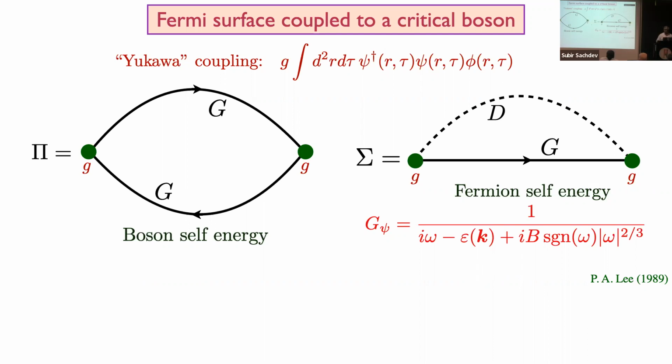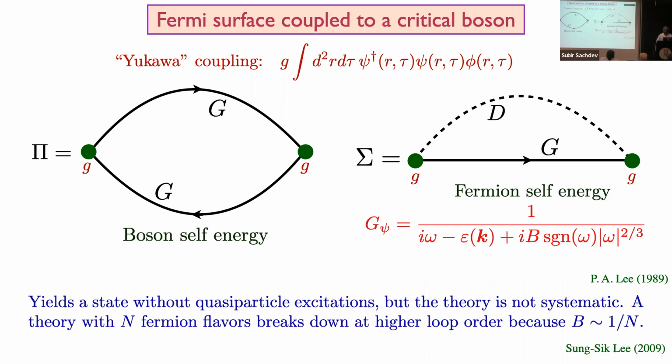So that's progress. But one very important property of this, pointed out many years later by Seung-Sik Lee, is that this calculation is not systematic. I'm not saying it's correct or incorrect. I think it is correct, but it's not systematic. There's no small parameter here.